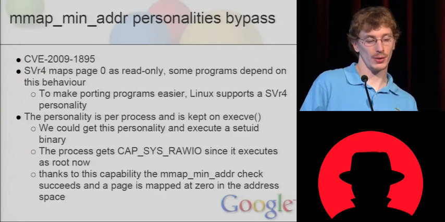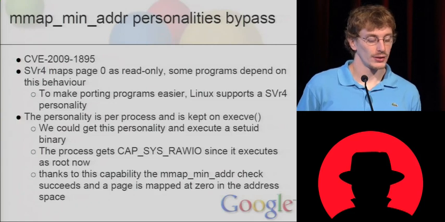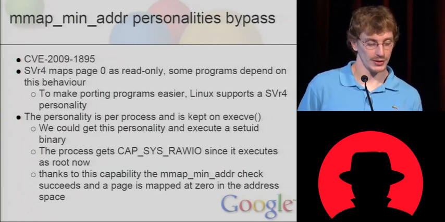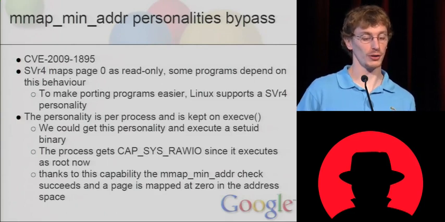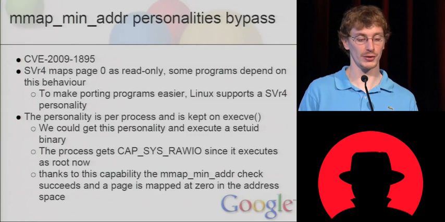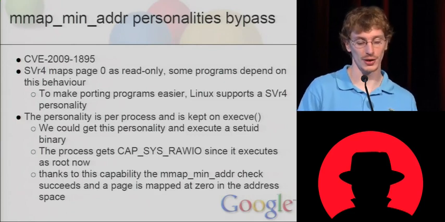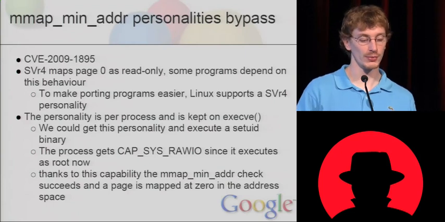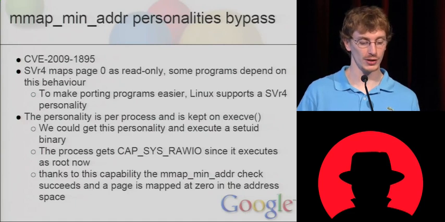So we use personalities. The System V Release 4 operating system maps page 0 as read-only, and unfortunately some programs depend on the behavior. To make porting programs easier from System V Release 4 to Linux, Linux supports a System V Release 4 personality. This personality is per process, and it's kept on execve, of course.